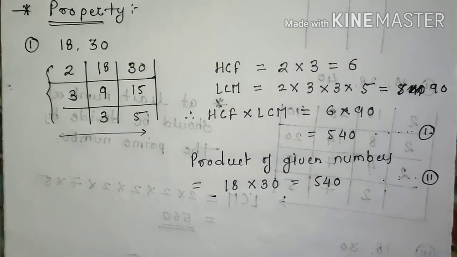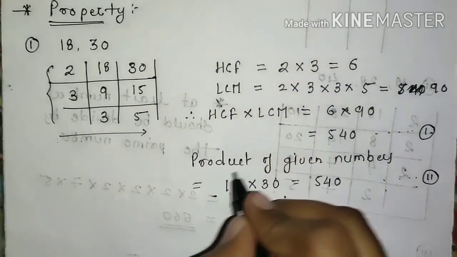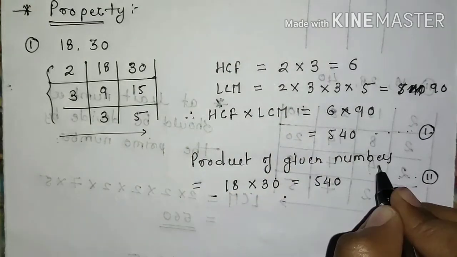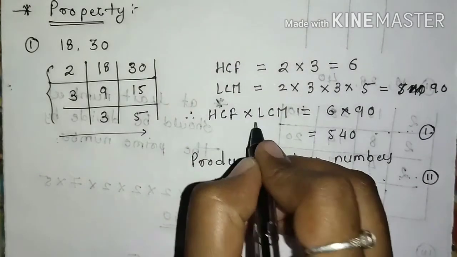So now from 1 and 2, what can you observe? Product of given numbers is equal to the product of its LCM and HCF.